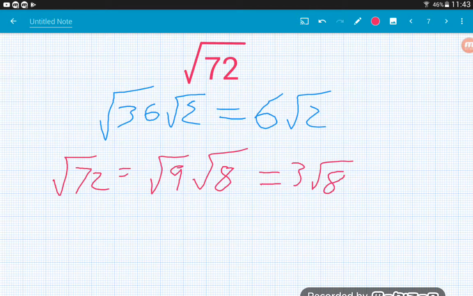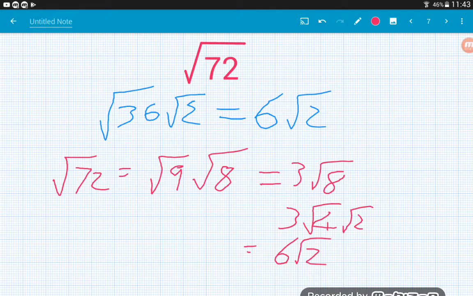Now is there a square factor inside 8? Yes there is, there's 4. So we can now write 3 root 8 as 3 root 4 root 2. Now we know the square root of 4 is 2, so we've got 3 times 2 root 2, so we've got 6 root 2. Cool.